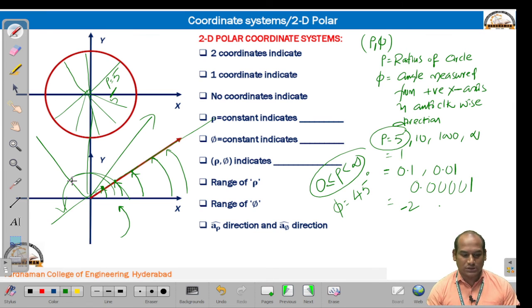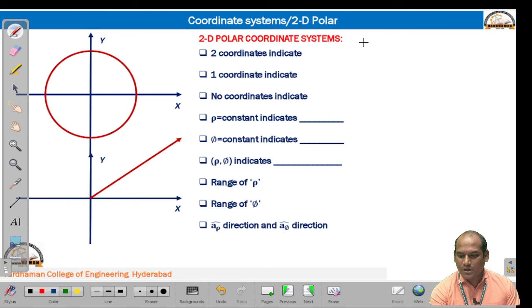If I give both, what will happen? That is rho comma phi is equal to pi comma 45 degrees.